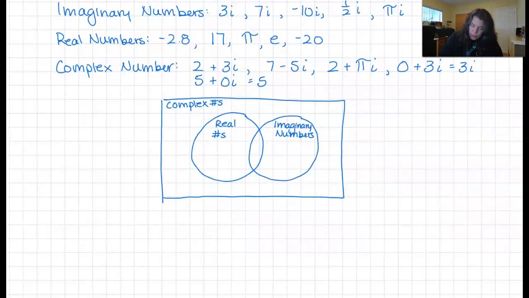I listed a whole bunch above, but anything without an i: 7, 12, negative 1, e. All of those are real numbers, but you could also think of them as 7 plus 0i, 12 plus 0i, negative 1 plus 0i, e plus 0i. So that's why these also belong in this big rectangle, because they are also all complex.